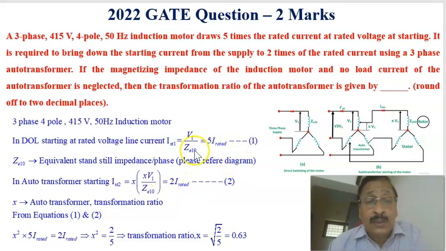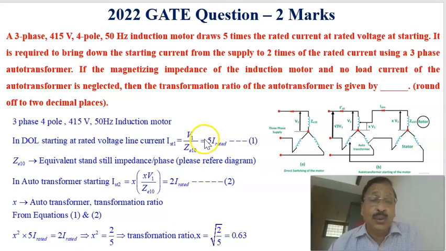So the current at the input when the auto transformer is connected is X times that, and that current is taken as 2 times the rated current, which is equal to 2 times rated current.